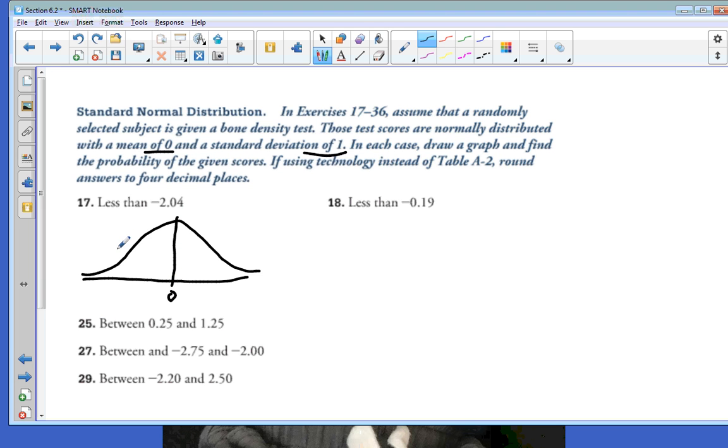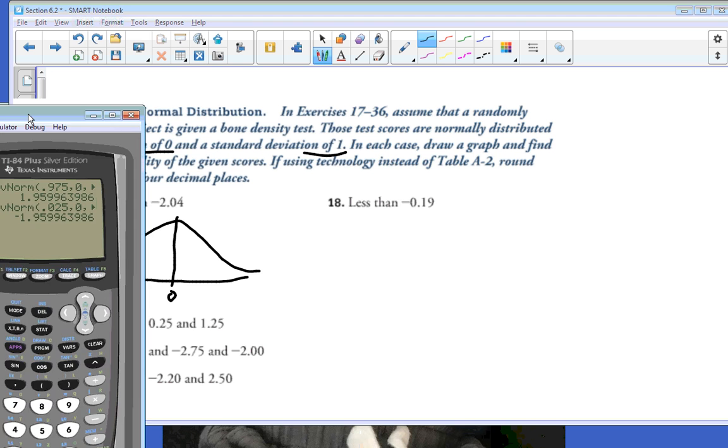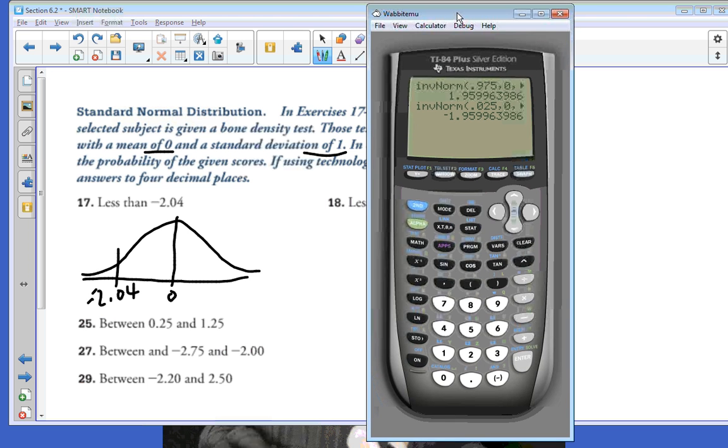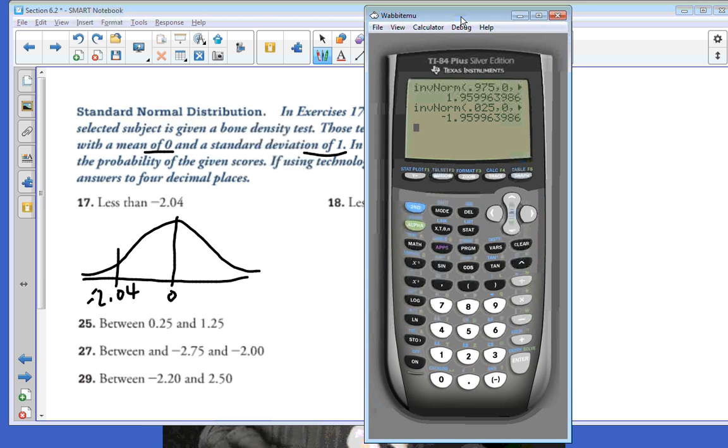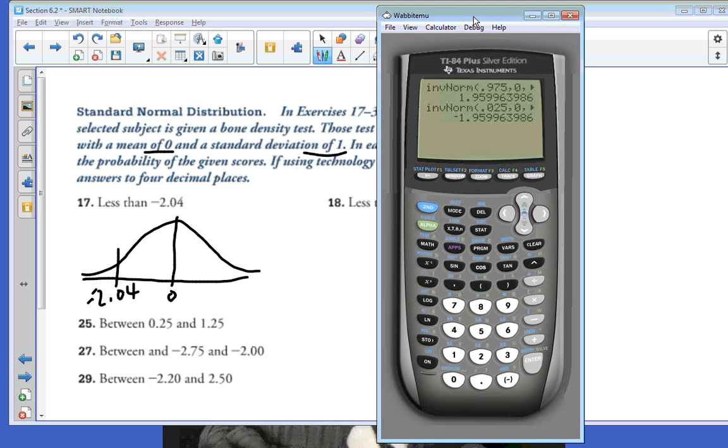We know negative 2.04 is going to be way down here on the end. And I want to find the probability that it'll be less than negative 2.04. Again, I have the z-score. Don't get your z-scores and your areas confused. I have z, I'm looking for area.